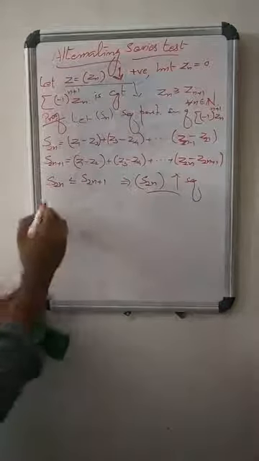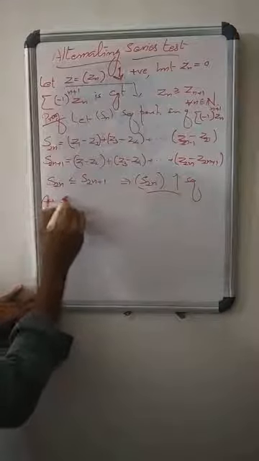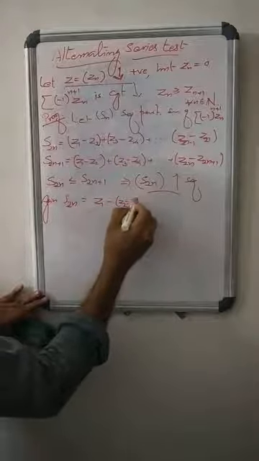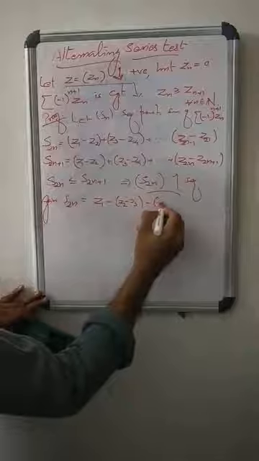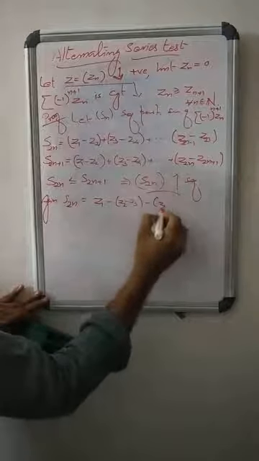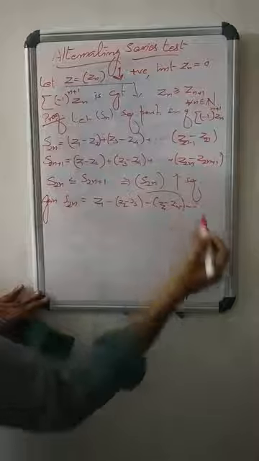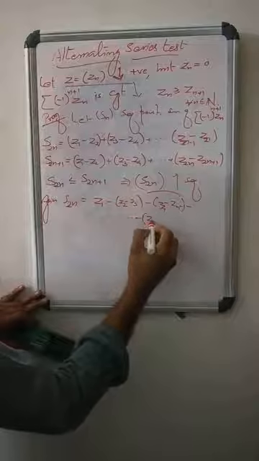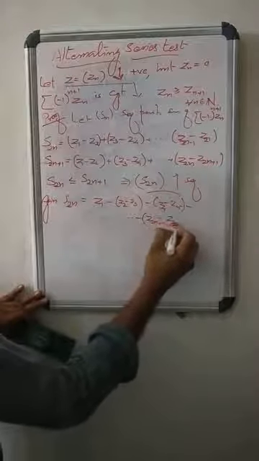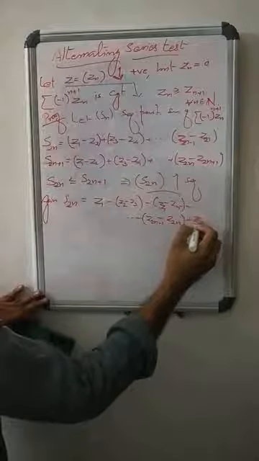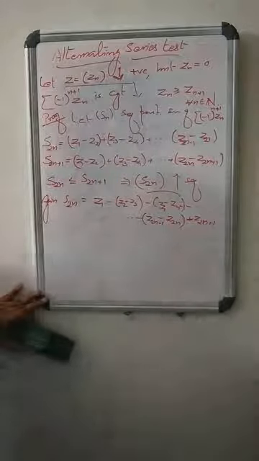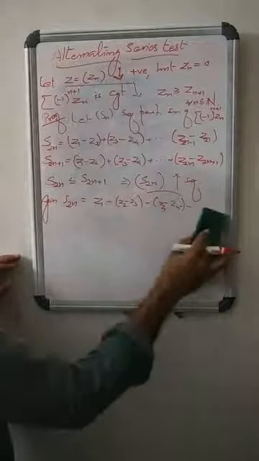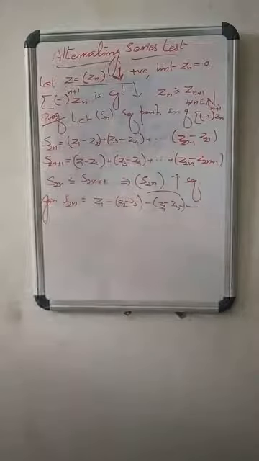But again, what is S2n? S2n can be rearranged as z1 - (z2 - z3) - (z4 - z5) - etc. - (z2n-2 - z2n-1) - z2n.